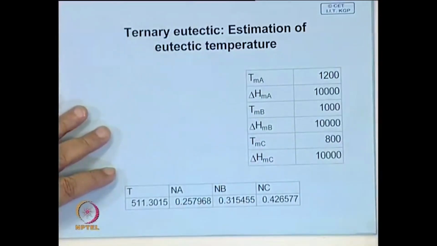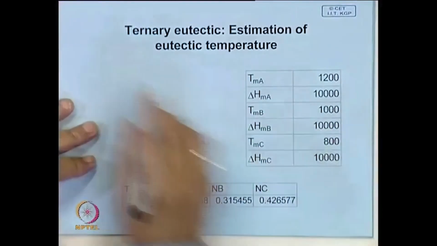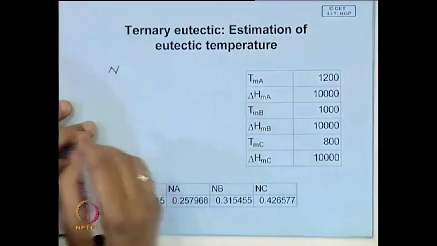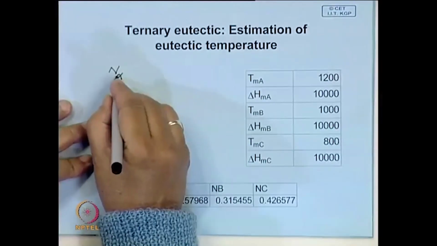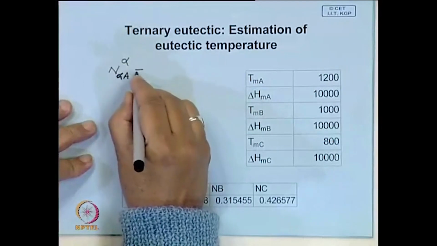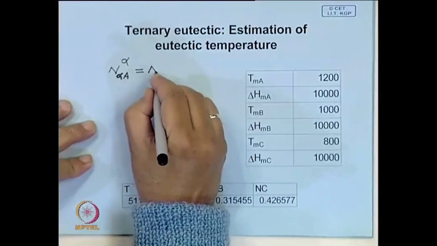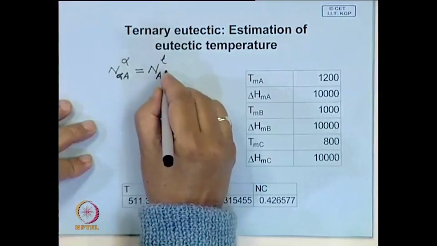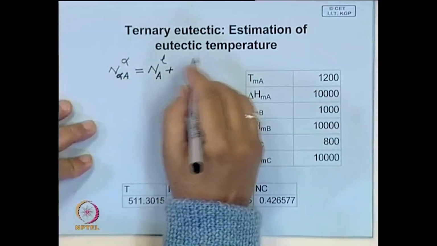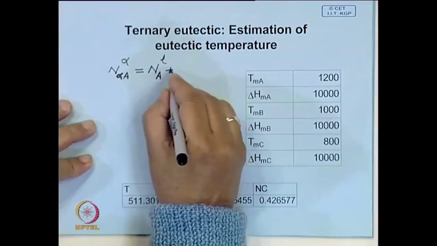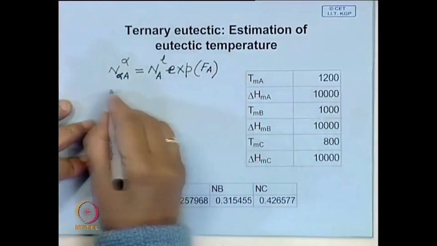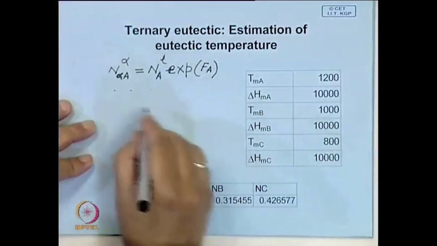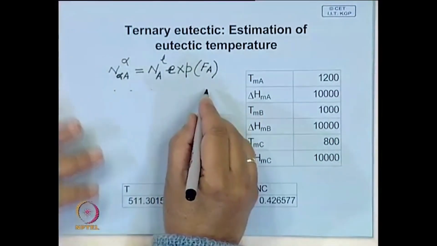Following exactly that similar case in a ternary eutectic, at that eutectic temperature, let us say just above the eutectic temperature, you can equate N A in alpha to N A in liquid times the exponential of F A. So you will have three such equations.